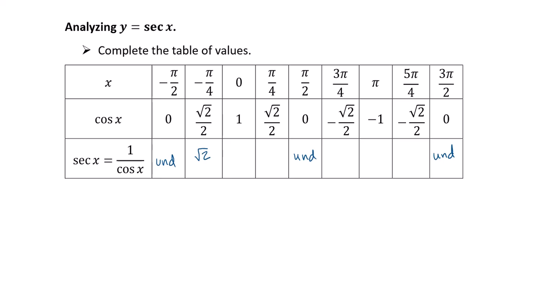The reciprocal of 1 is 1. The reciprocal of square root 2 over 2 is square root of 2. And similarly over here we have a negative square root of 2, a negative 1, and a negative square root of 2. So let's inspect to see what is actually happening here.